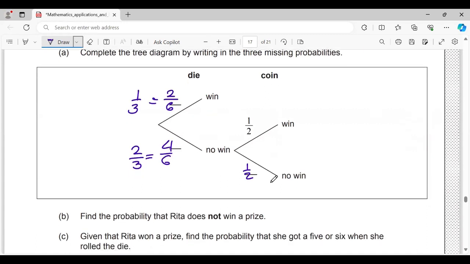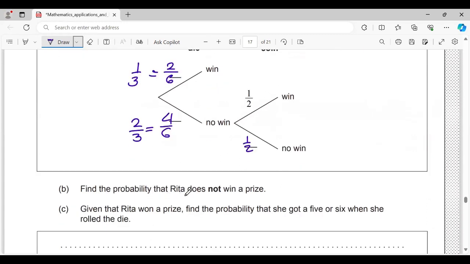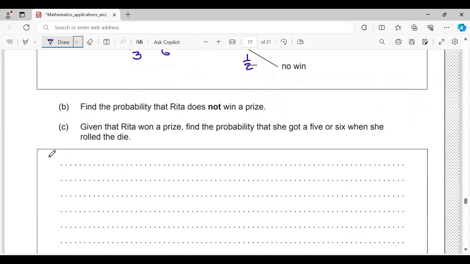Okay, complete. B. Find the probability that Rita does not win a prize. So the probability Rita does not win is 4/6 or 2/3, times half.